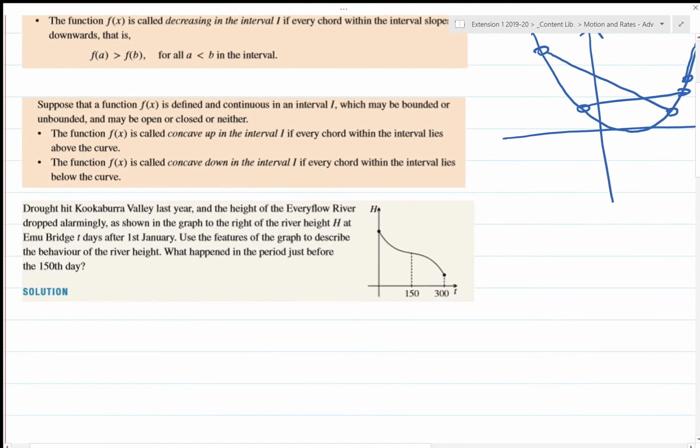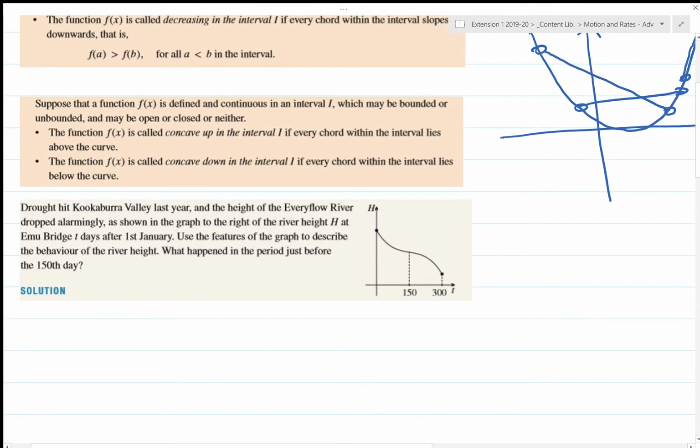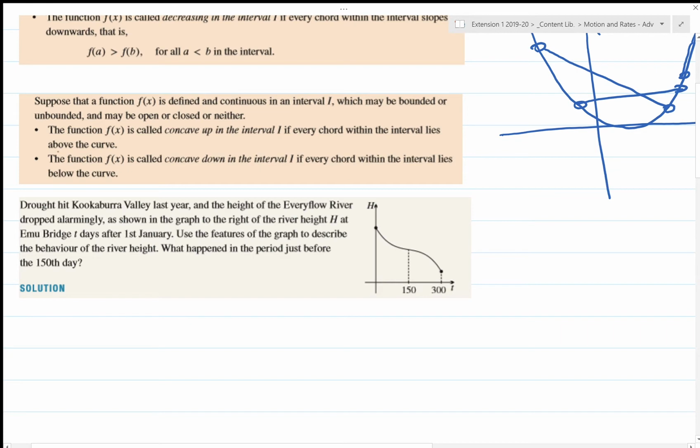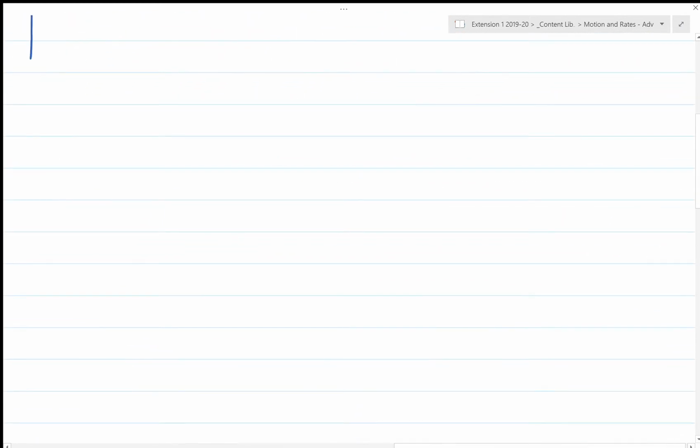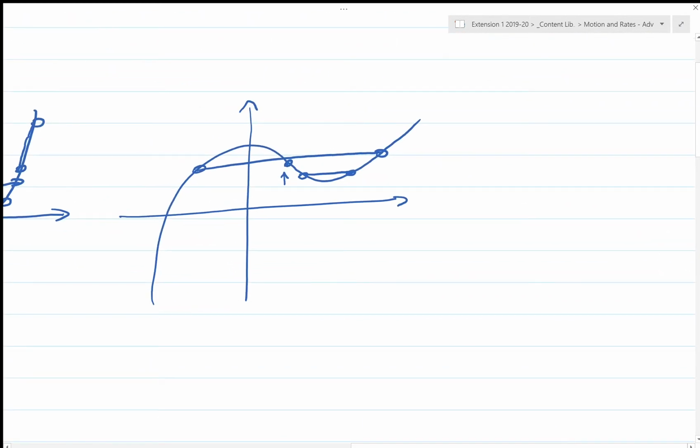And then it's concave down if every chord lies within, but below. Same idea. And anytime you leave the curve, that's when you know concavity must have changed. So over here, this chord between here and here, concavity changed somewhere in there because the chord left the function.